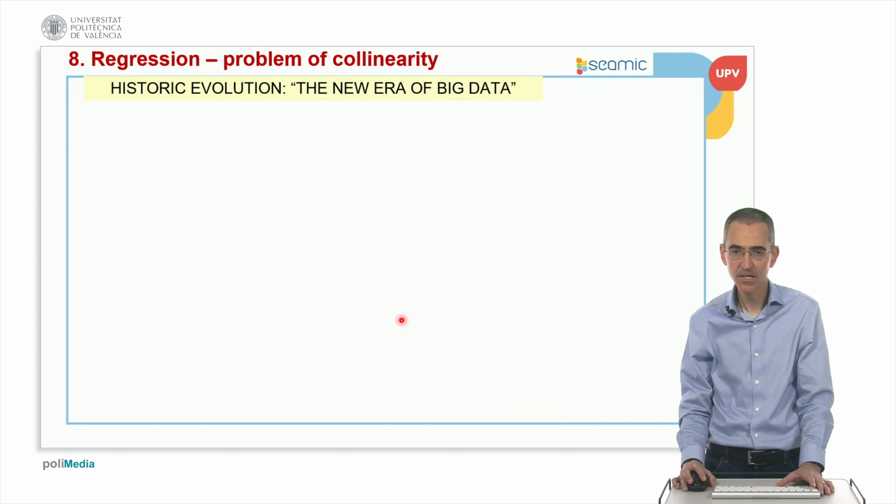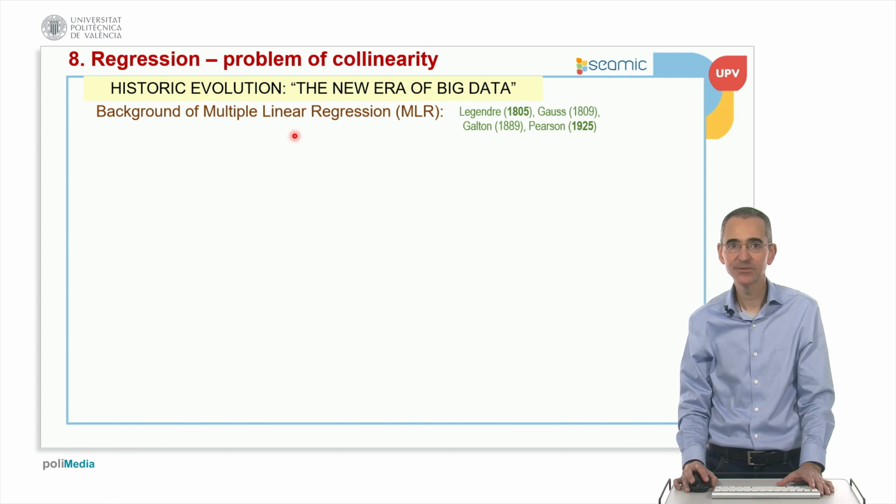Okay, so now I'm going to explain a bit of the history of these new methods. Historic evolution: the new era of big data. The background of multiple linear regression goes back long ago, to the beginning of the 19th century, also by Gauss, then Galton, Pearson, and the beginning of the 20th century.